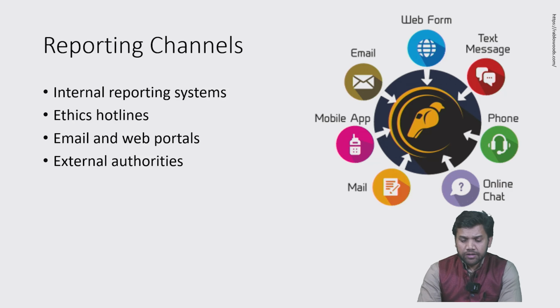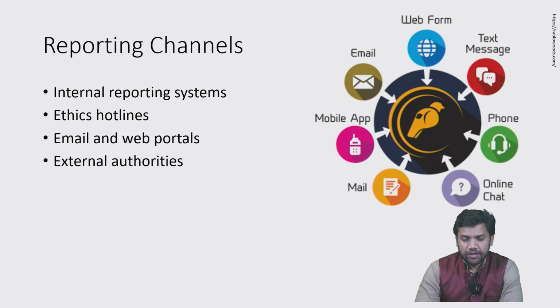Email and web portals may be another medium. Organizations often provide secure email addresses or online portals for reporting misconduct. These platforms allow easy documentation and tracking of the complaint while ensuring confidentiality.